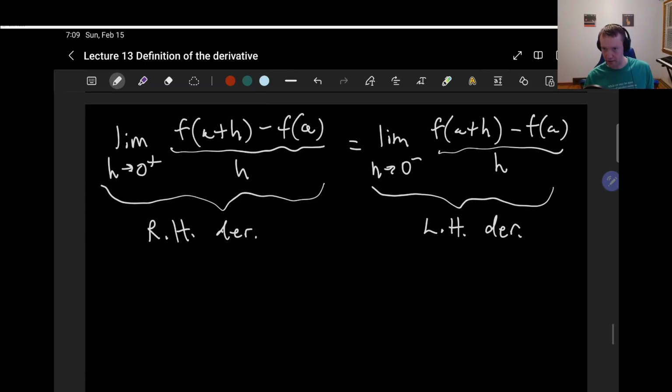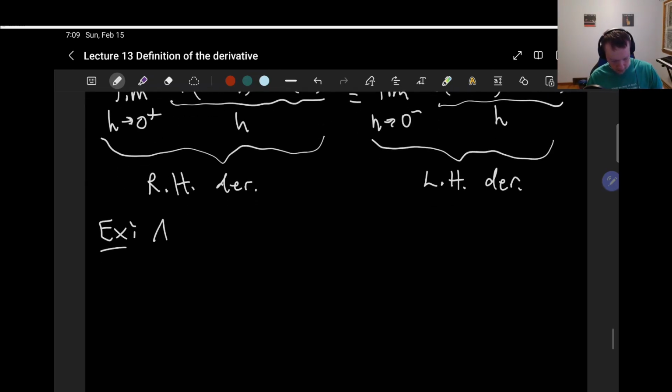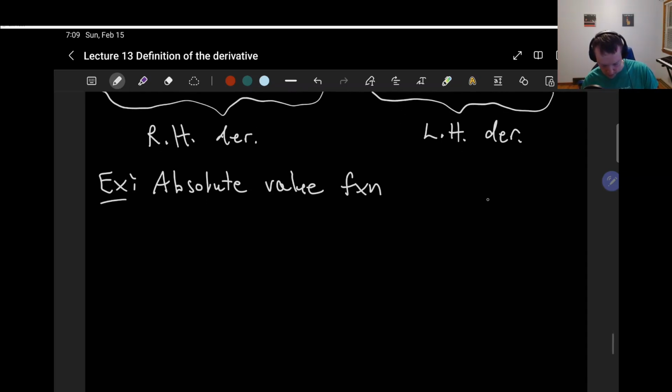So let's see why this matters. We'll look at an example where this fails. A good one is the absolute value function. So quick sketch of the graph.